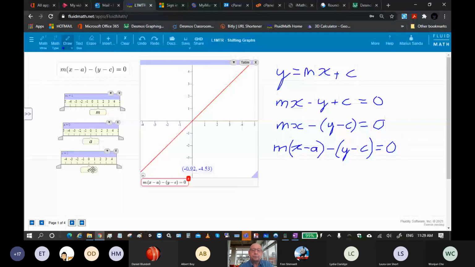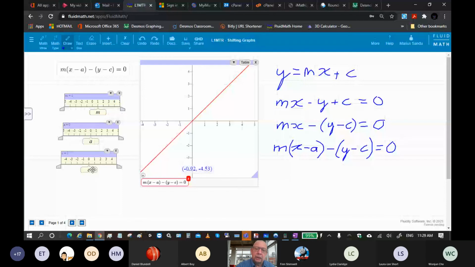So let's write this. x minus 2, we said it moves to the right.